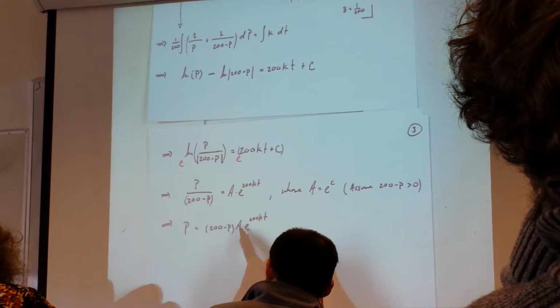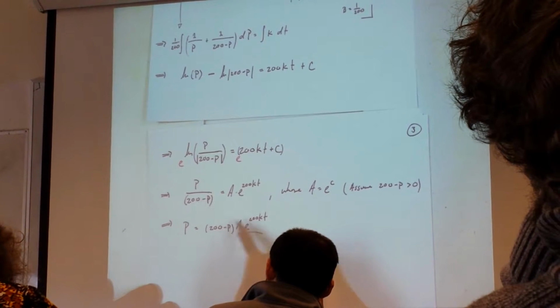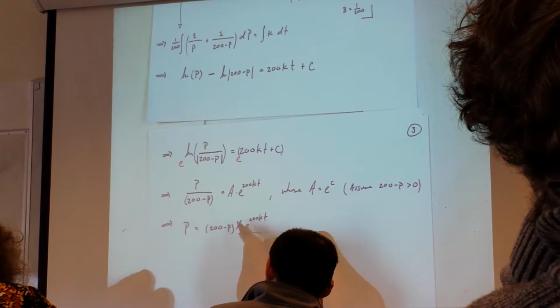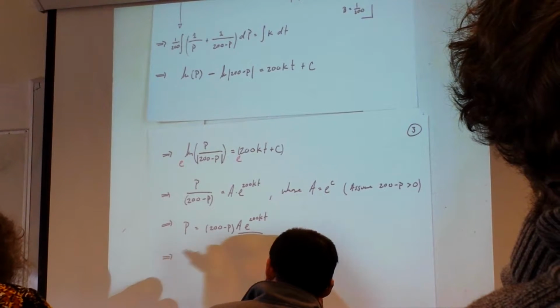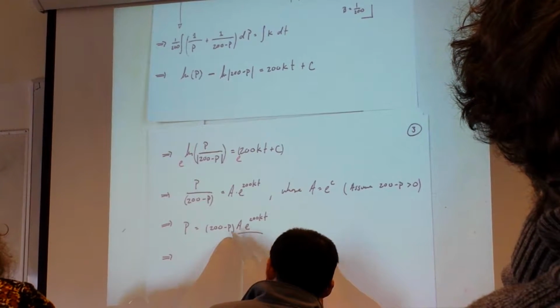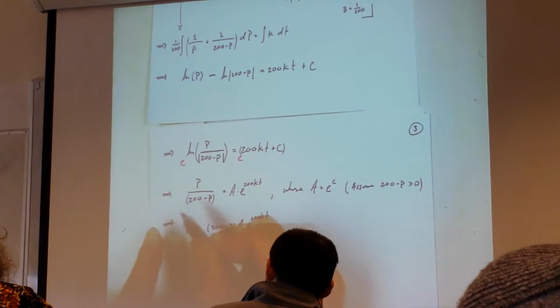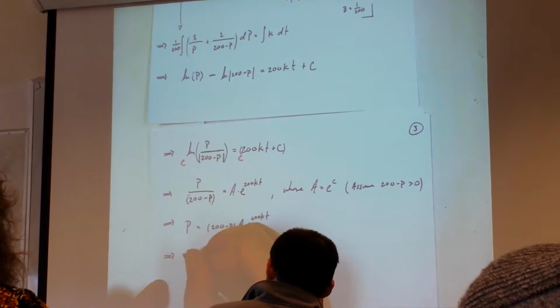Distributing the a e to the 200 kt to both terms and adding p a e to the 200 kt to both sides, I'll have this.